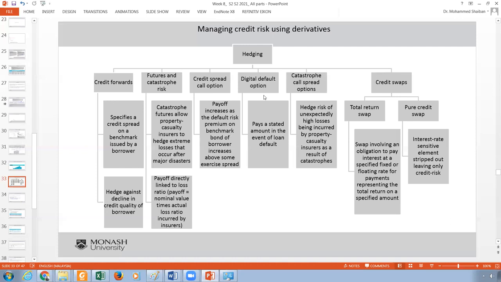Now, the digital default option pays a fixed amount in the event of loan default. This is an option. If there is a default, you exercise the option and they will pay you. We have another, the catastrophic call option. Like the catastrophic futures, this hedges the risk of unexpectedly high losses incurred by property casualty insurers as a result of catastrophes. So this helps with the same purpose as the futures contract.